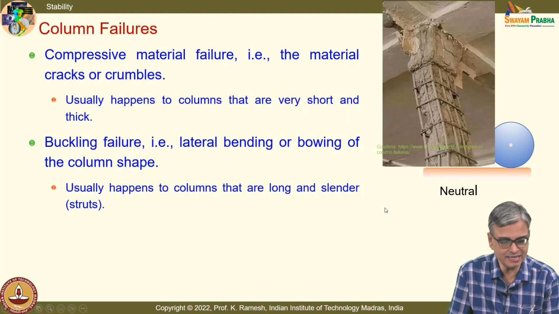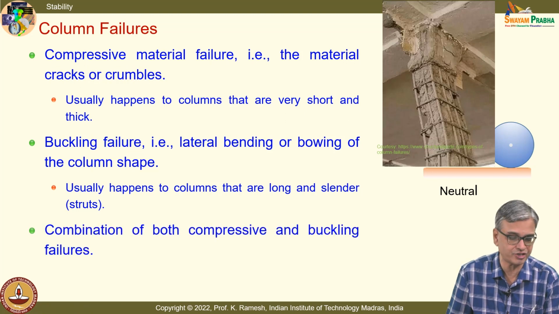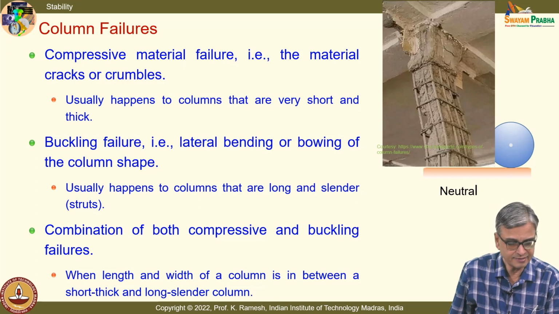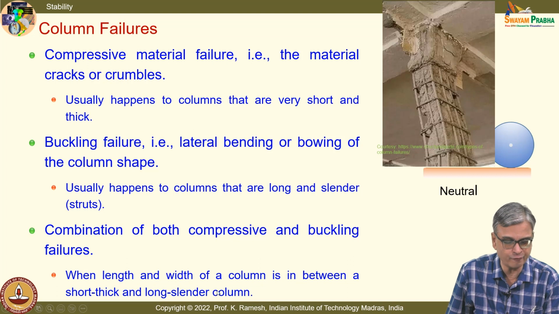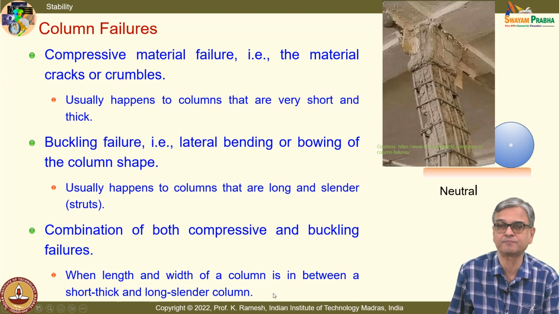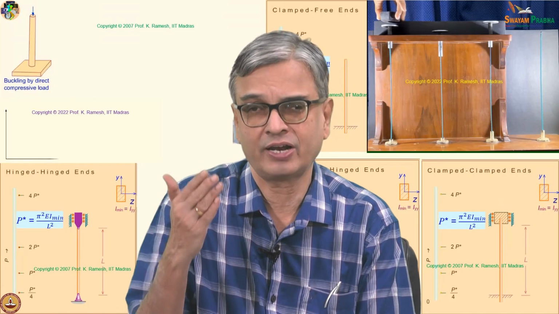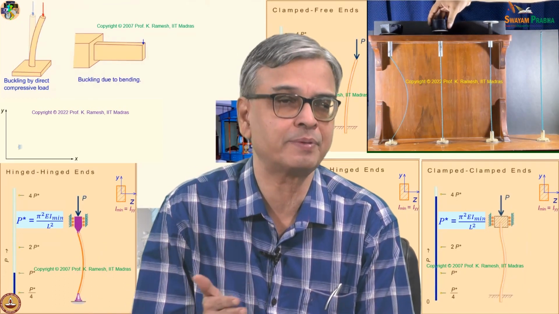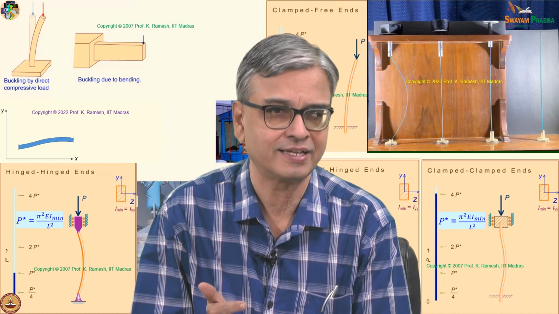Then in practice, you could have a combination of both compressive and buckling failures. I do not have an image which illustrates that. This happens when length and width of a column is in between a short thick and a long slender column. We have already looked at, in this course we are going to work on slender members. Fine.